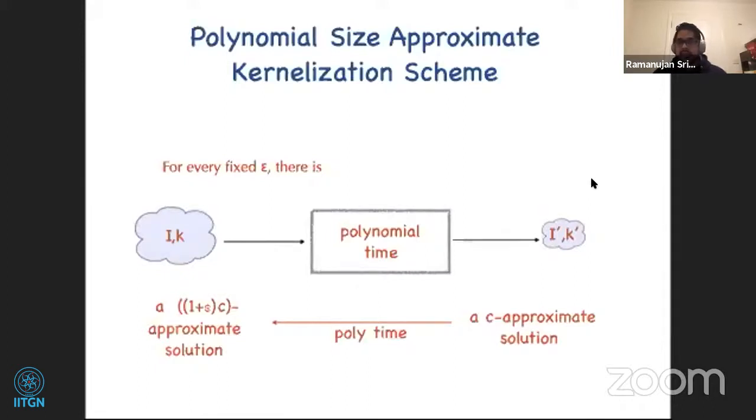And there should be a polytime solution lifting algorithm that takes any c-approximate solution for I prime and turns it into a 1 plus epsilon times c approximate solution for I. And of course, the size of I prime and the value of k prime should both be bounded polynomially in k. As we saw towards the end of the last talk, this polynomial in k could have various types of dependence on epsilon. But for now, we are not really interested in what the specific dependence is, because epsilon is fixed, they're all polynomial.